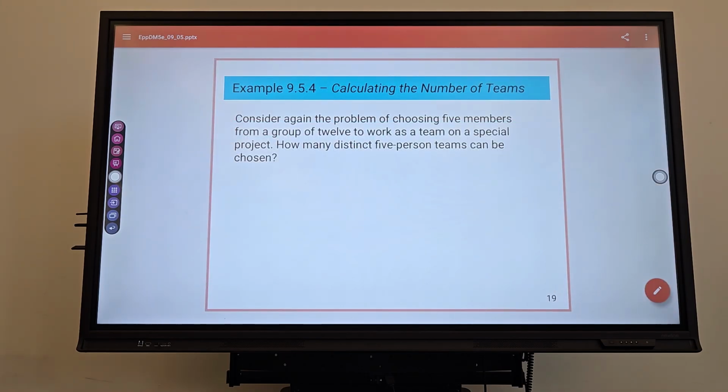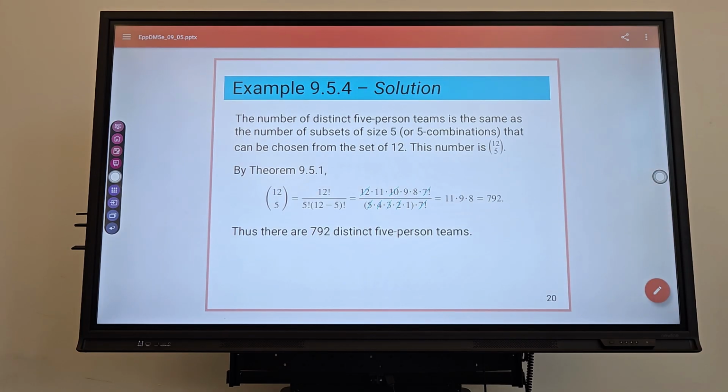Consider again the problem of choosing 5 members from a group of 12 to work as a team on a special project. How many distinct 5-person teams can be chosen? Quite a few, actually. It's the number of subsets of size 5, combinations, that can be chosen from the set of 12.